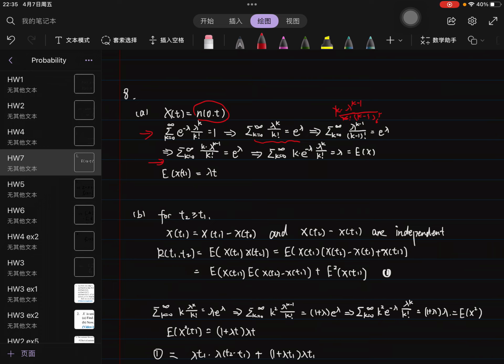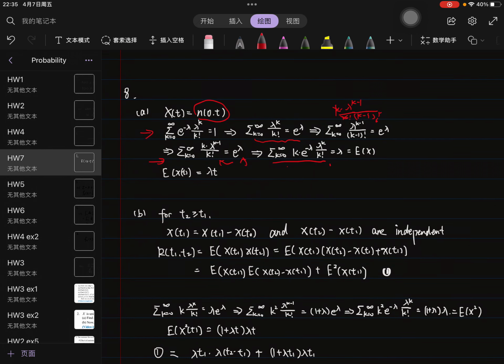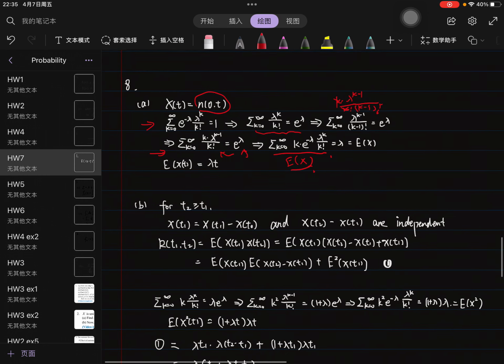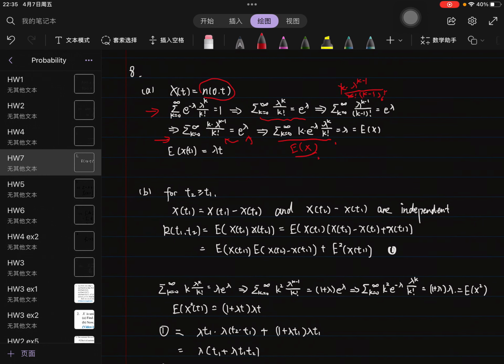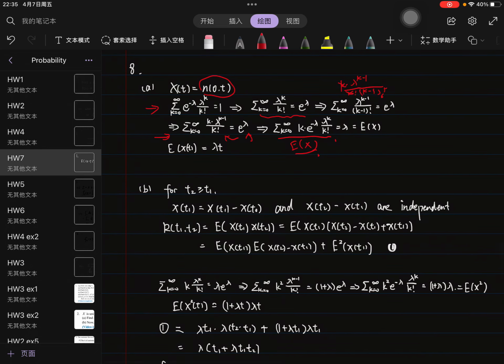Then we take e to the lambda back to the left side. I could get this. This is the expression of E[X]. That is the Poisson distribution, and the expected value of X equals lambda. Now we know this is a Poisson process.